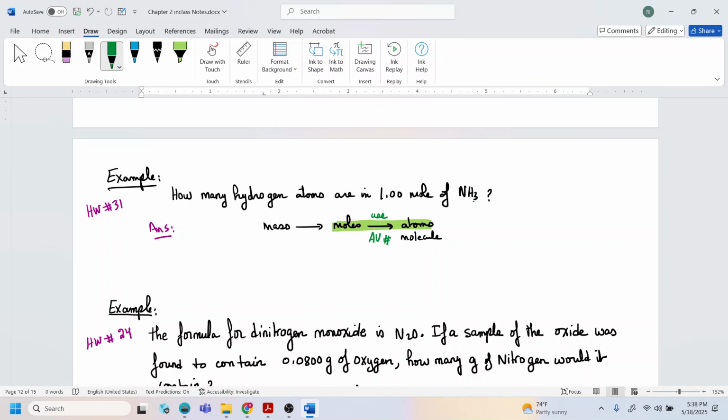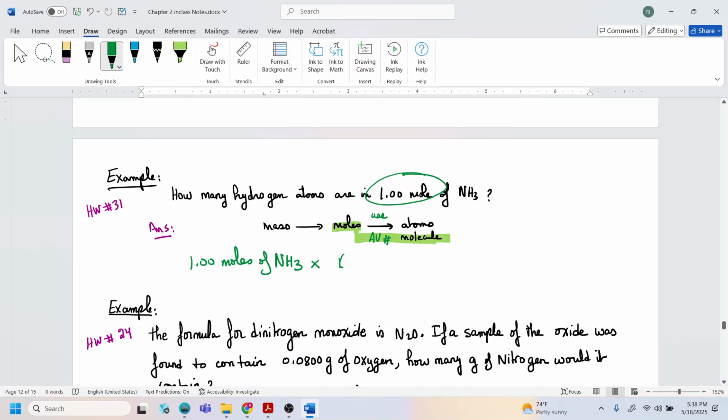So I'm starting with the given. This is the given: 1.00 moles of ammonia, NH3. I want to change this into, let's say this one is not an atom. I'm sorry, this one is a molecule. So I'm using moles to molecules, because NH3 is a molecule.